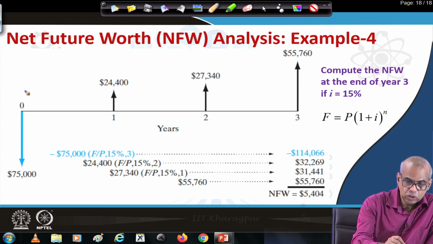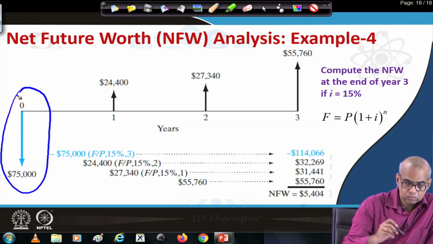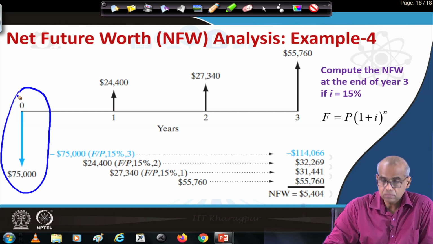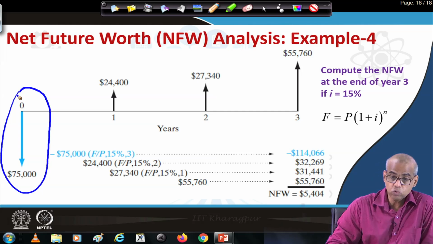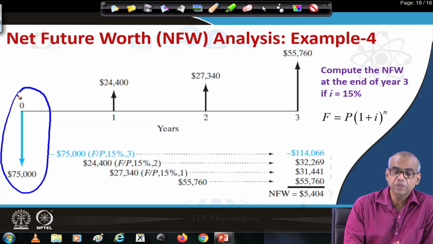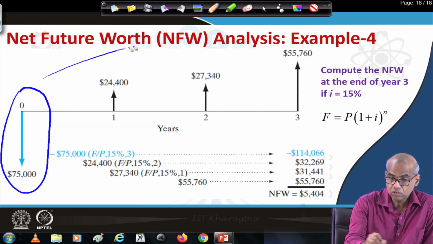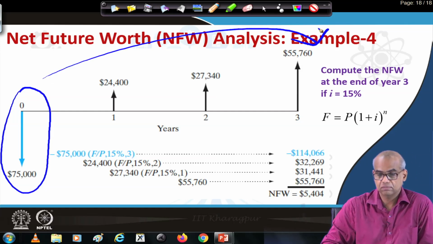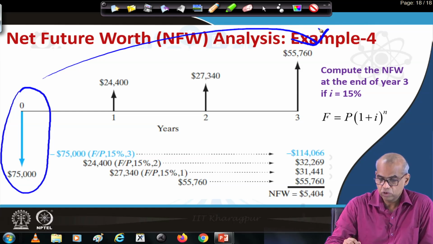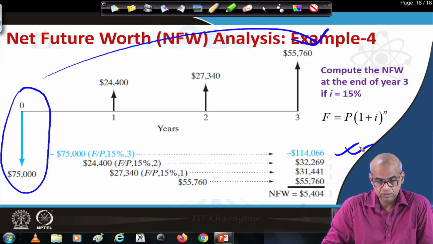At year 0, you have paid 75,000. So, this is a negative cash flow. So, find its net future worth at 15% for 3 years. So, you get this much.